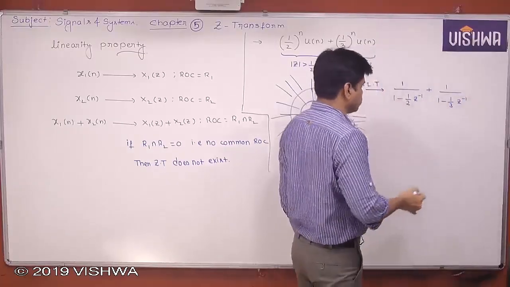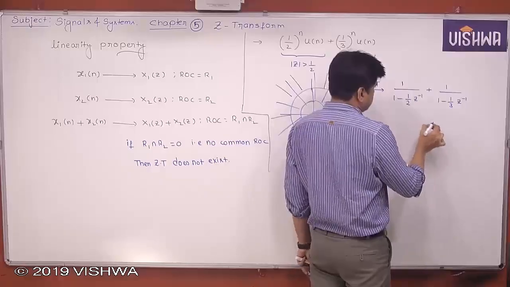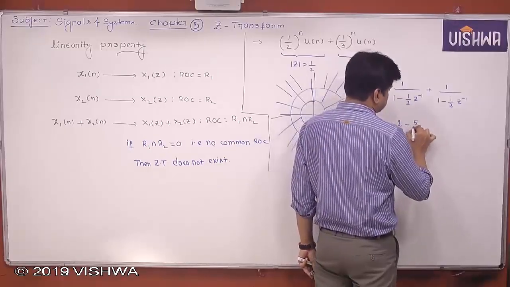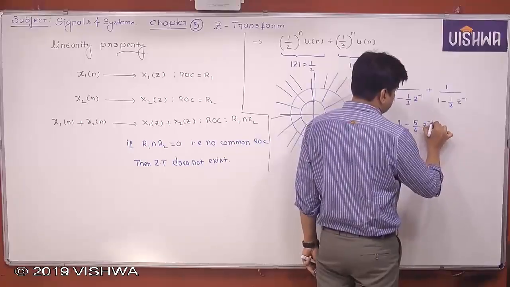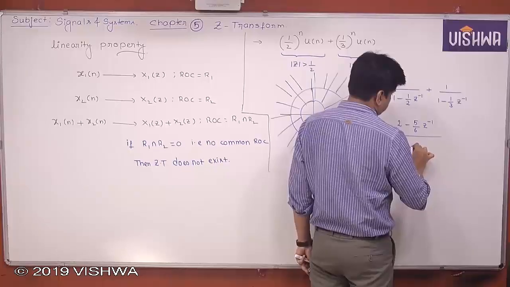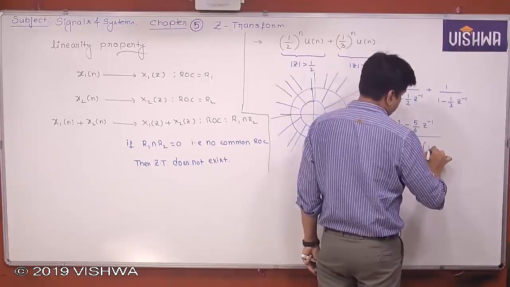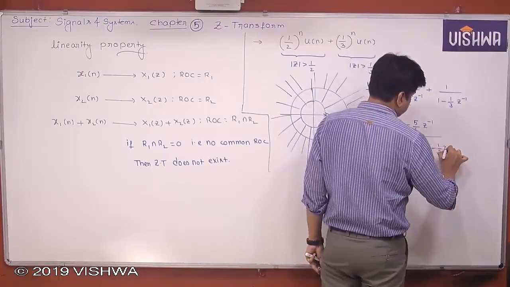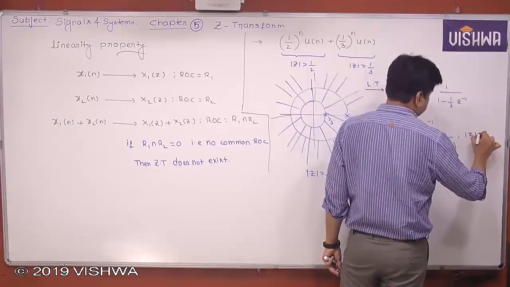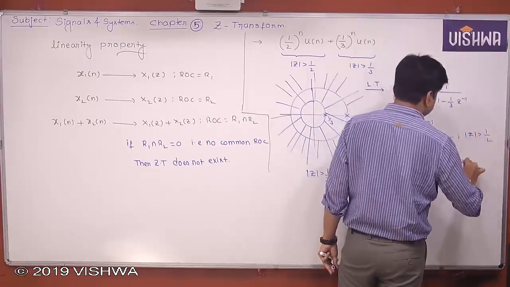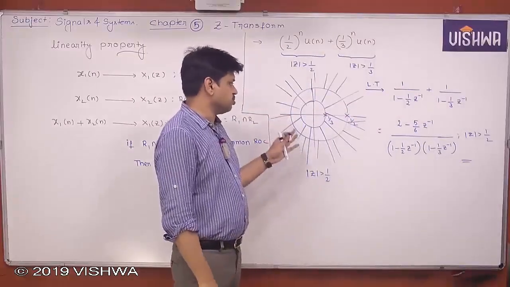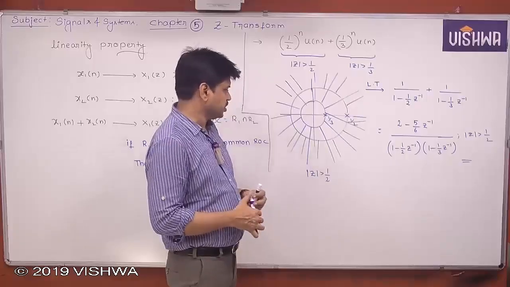So you can simplify it: 2 minus 5 by 6 Z inverse by 1 minus 1 by 2 Z inverse into 1 minus 1 by 3 Z inverse. What is the common ROC here? Mod Z greater than 1 by 2 is the common ROC. Clear or not? So this is the way we can apply the Z transform linearity property. Clear?